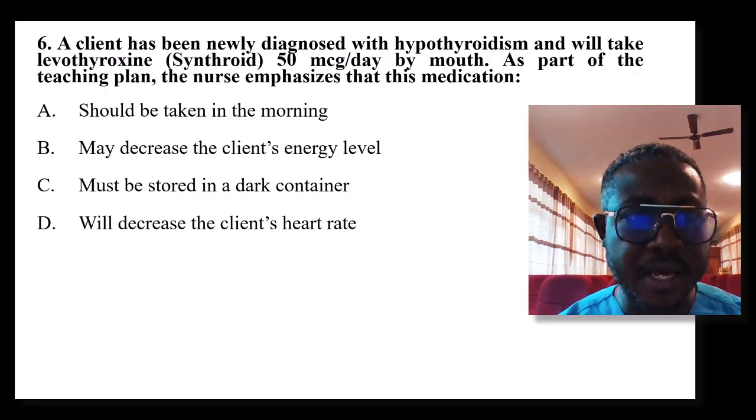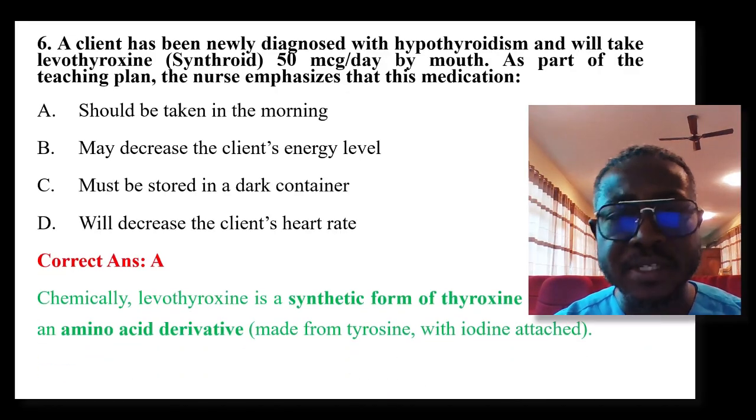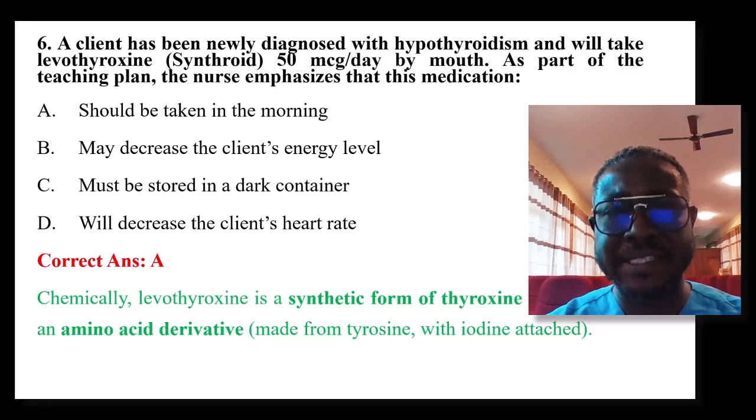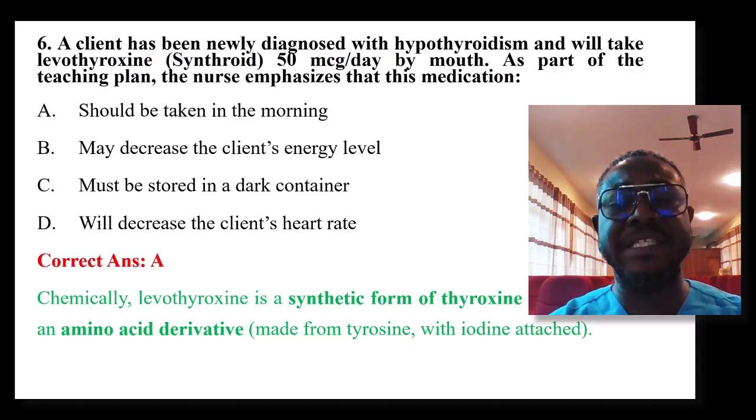is A. Chemically, levothyroxine is what? A synthetic form of thyroxine, which is the T4, and that is derived from the amino acid tyrosine. And so levothyroxine sometimes behaves like a weak acid.